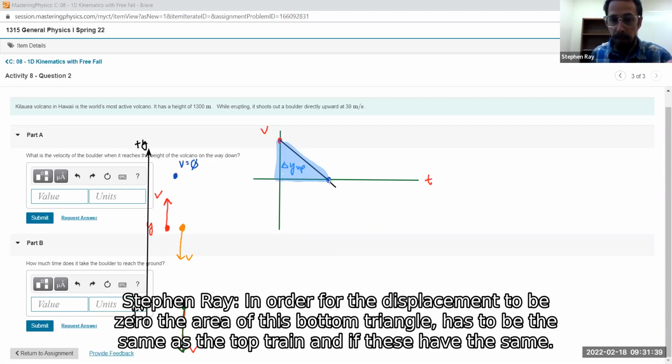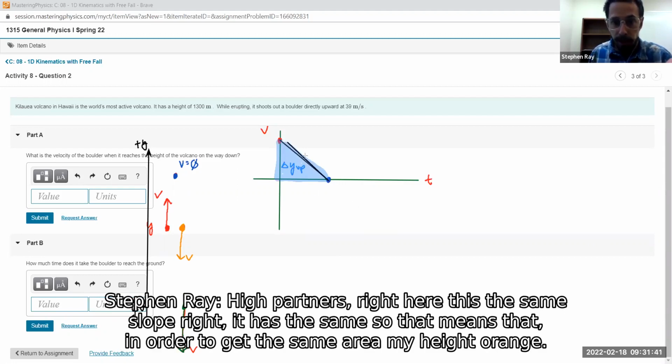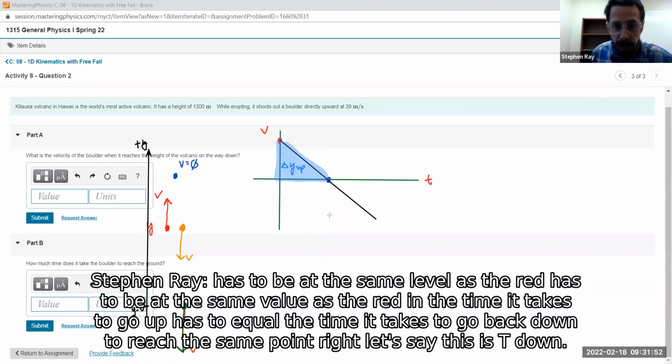With the same slope, to get the same area, the height of the orange has to be at the same value as the red. And the time it takes to go up has to equal the time it takes to go back down to reach the same point. I'll say this is t down.